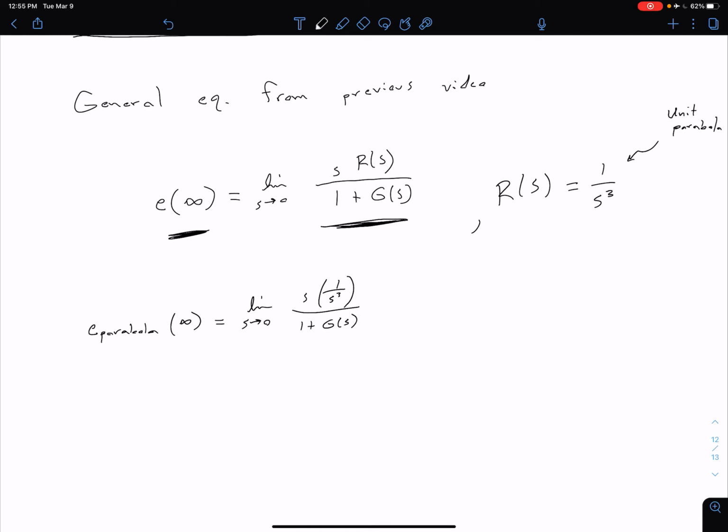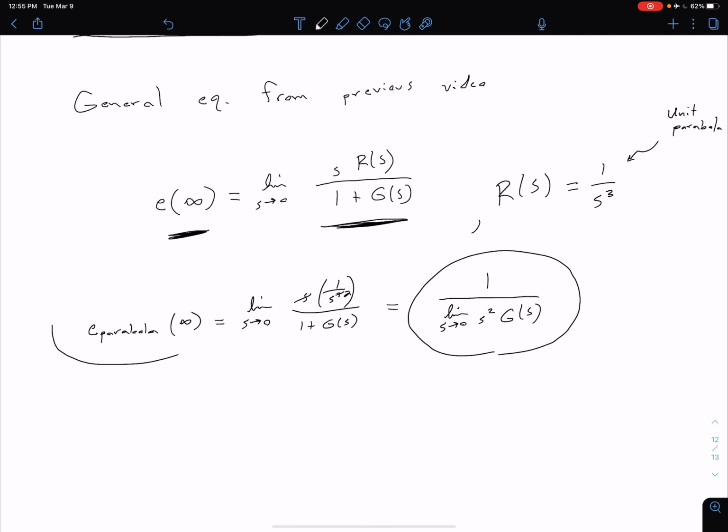And so what we're going to see is we have the s cancel out with one of those s's, so we still have s squared, which comes down and multiplies the denominator. This term, which is going to become s squared, is just going to go to 0, so we ignore that, and we can just focus on the s squared times G(s) term, so that ultimately what we get is 1 divided by our limit as s goes to 0 of s squared G(s).